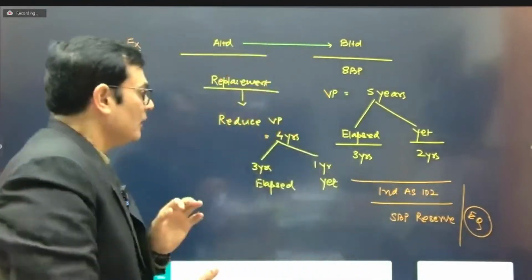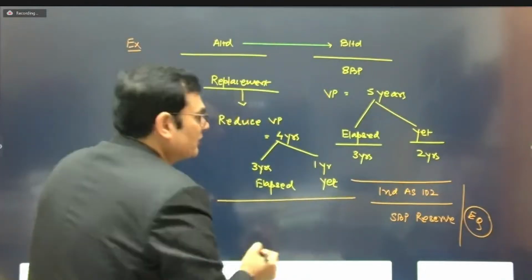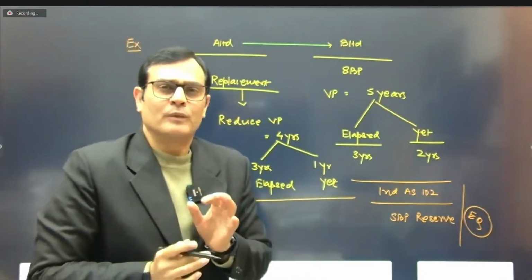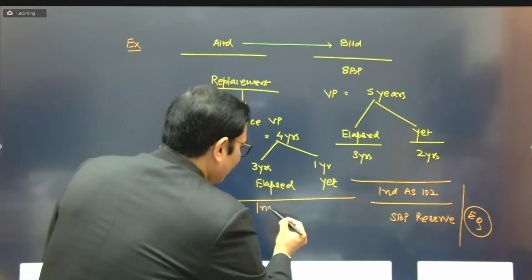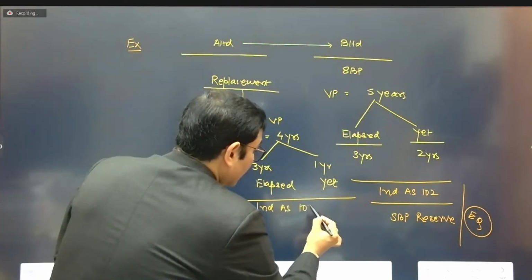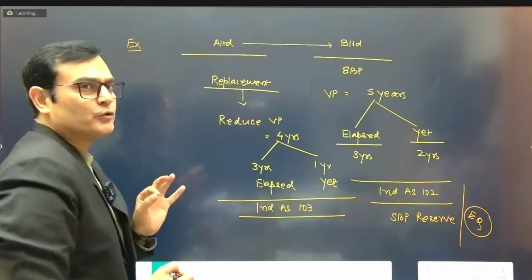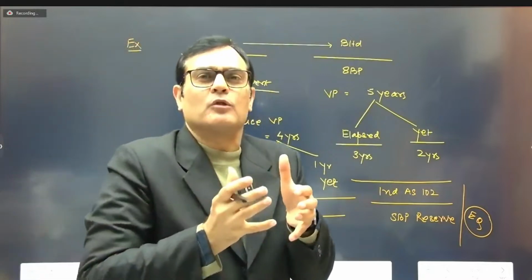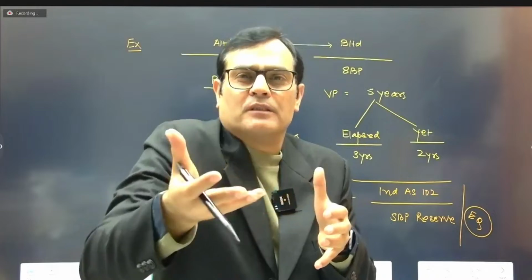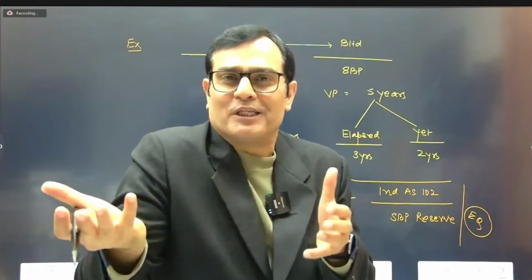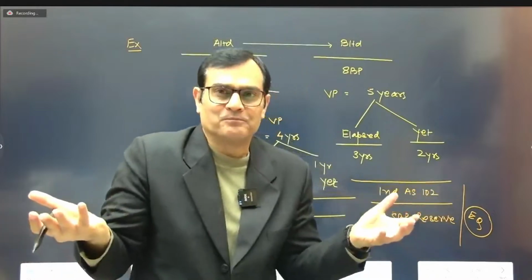So what happens? When he's going to make a replacement of these awards, then he's going to apply Ind AS 103. And when he's going to apply Ind AS 103, it would also require him to create that SBP reserve as a part of the acquisition accounting, which is logical.